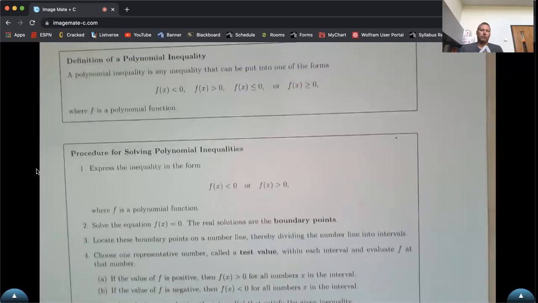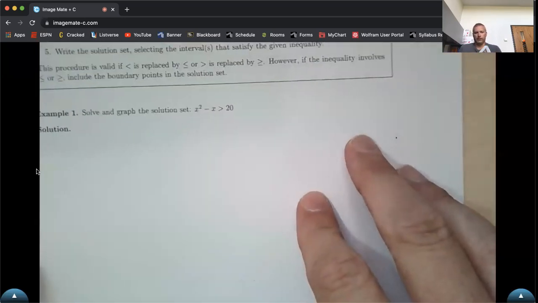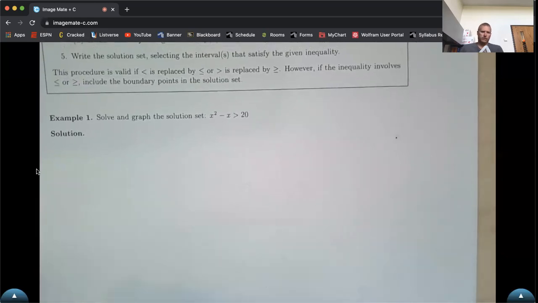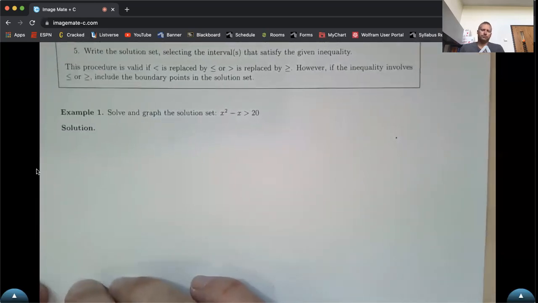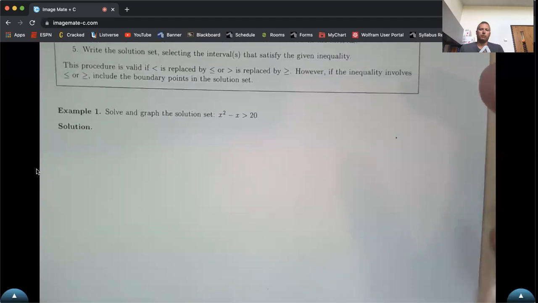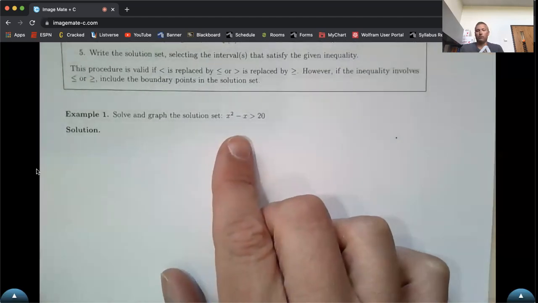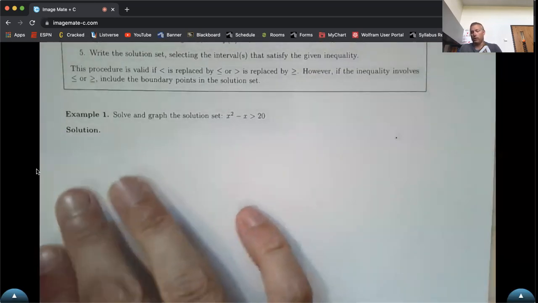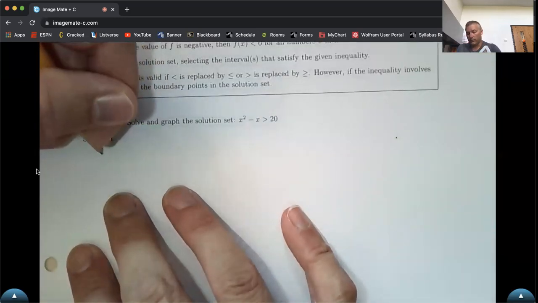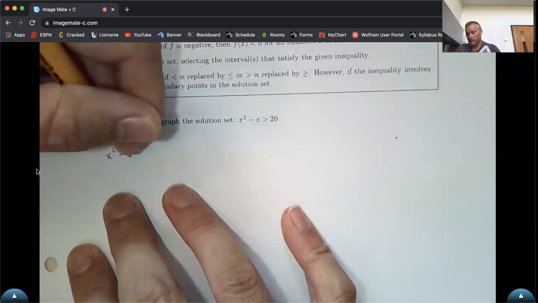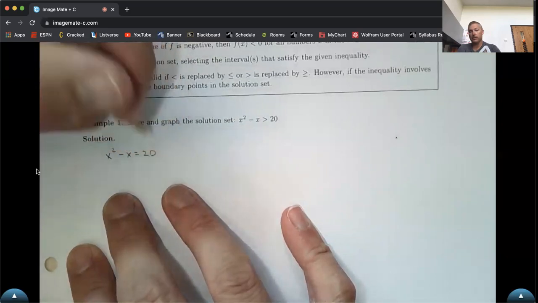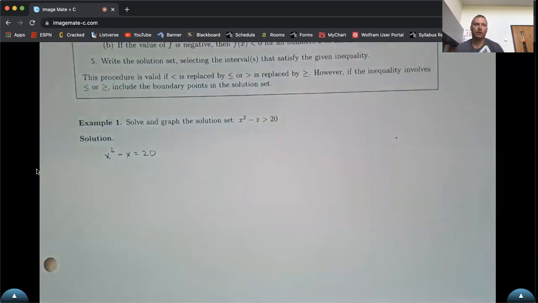So when we want to solve a polynomial inequality, say like example 1, the steps to do so are, at least at first, similar to solving polynomial equations. So if I want to solve x squared minus x is greater than 20, the first thing I'm going to do is solve the equation x squared minus x equals 20. So I'm going to start in a familiar way.